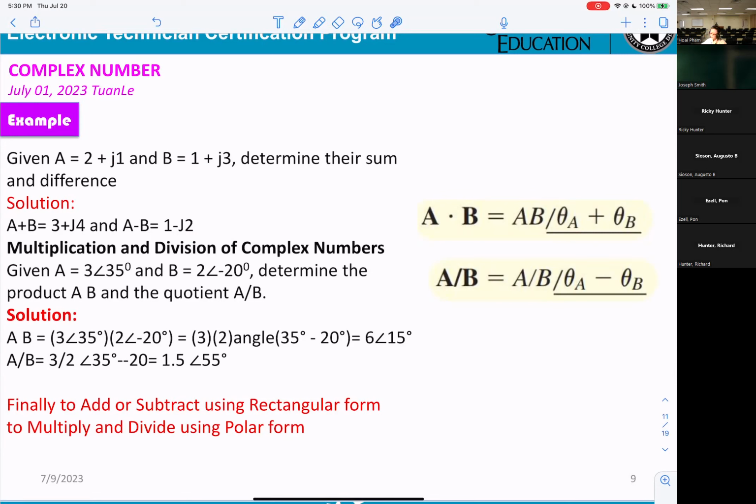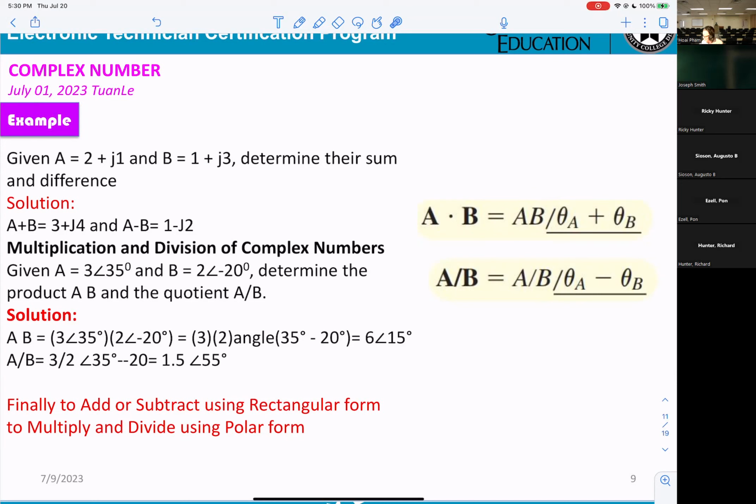That's how you do adding and subtracting imaginary numbers. Now we're talking about multiplication and division.